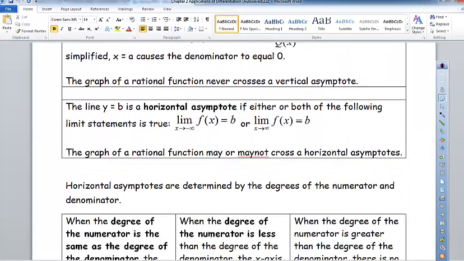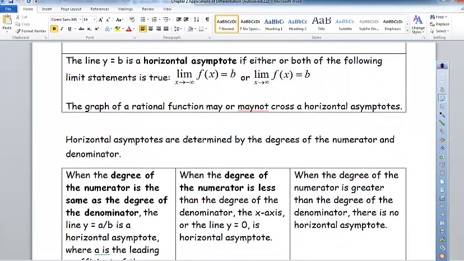Now, our rational function may also have a horizontal asymptote. It says the line y equals b is a horizontal asymptote if either or both of the following limit statements is true. The limit as x approaches minus infinity of f of x equals b, or the limit as x approaches infinity of f of x equals b.